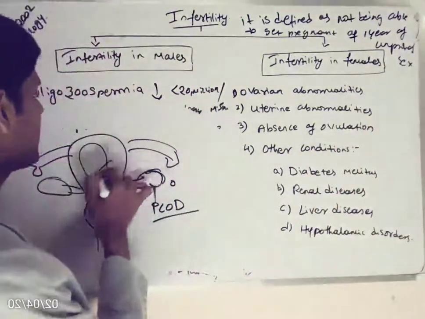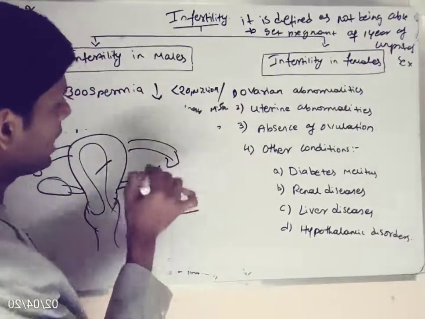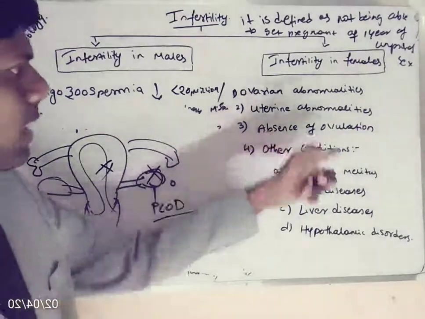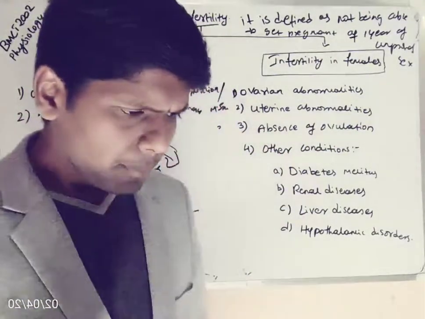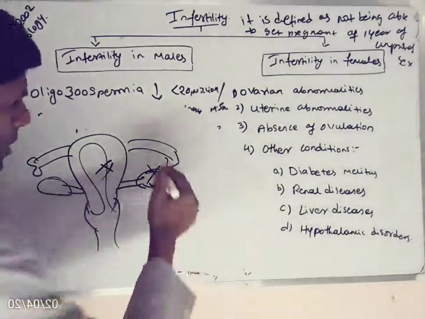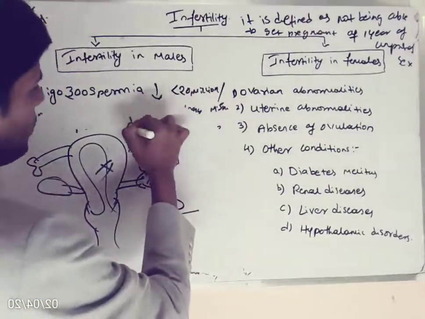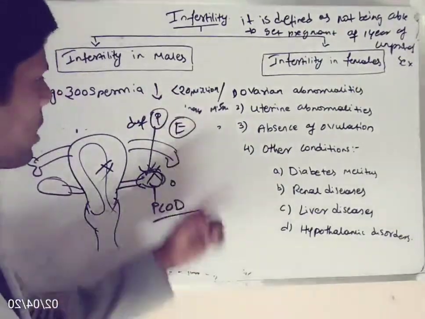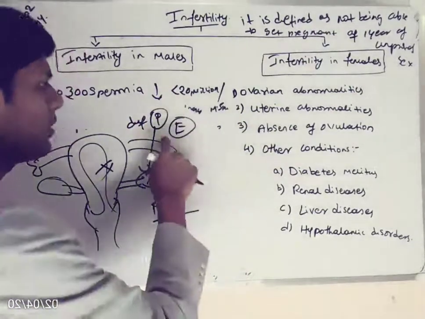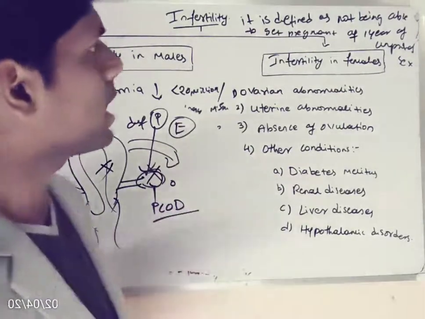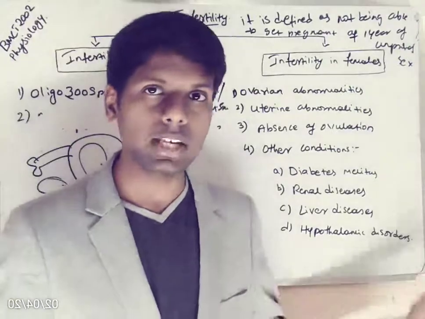So first is ovarian abnormalities, second is uterine abnormalities, then third is absence of ovulation. Ovulation means release of the ovum from the ovary. Maybe the female is suffering from deficiency of the hormones progesterone and estrogen. Maybe she has some hormonal imbalance, and due to lack of these hormones, ovulation hasn't occurred. So lack of ovulation can also result in infertility in women.